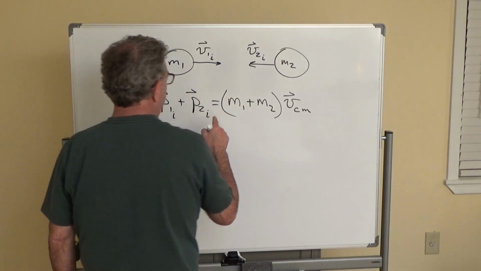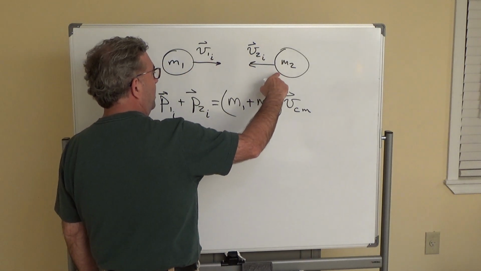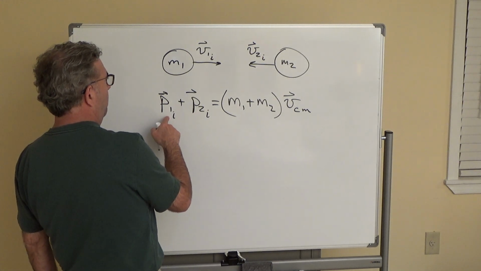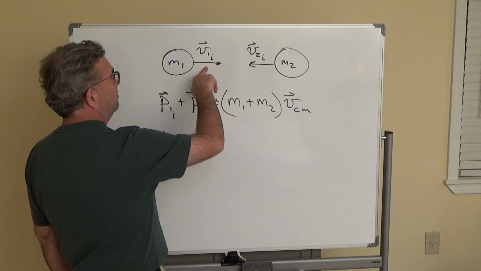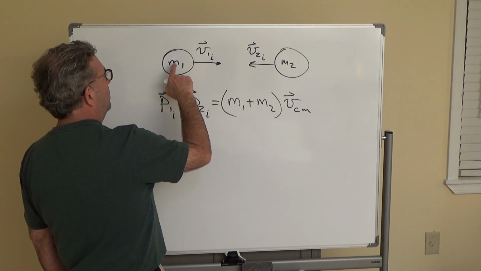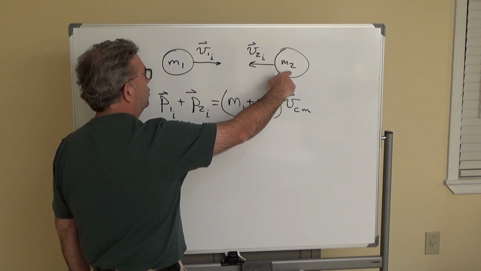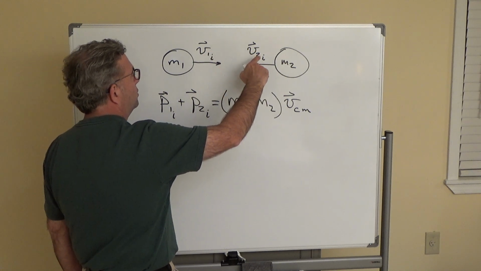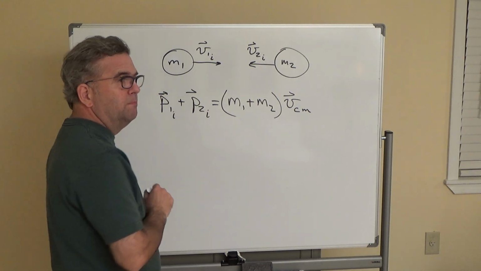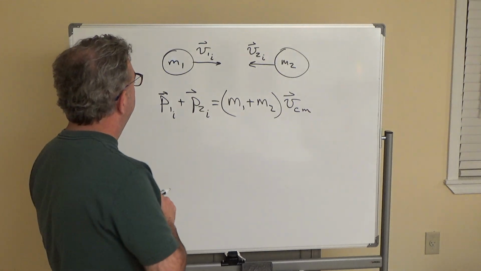So let's look at a case where M1 is equal to M2. A real simple case. Well, let's make it really, really simple. Let's say M1 is equal to M2 and V1 initial equals V2 initial, magnitude-wise.